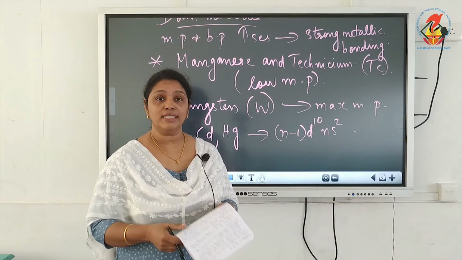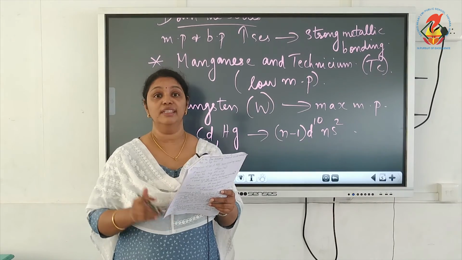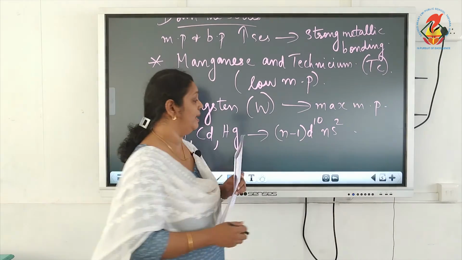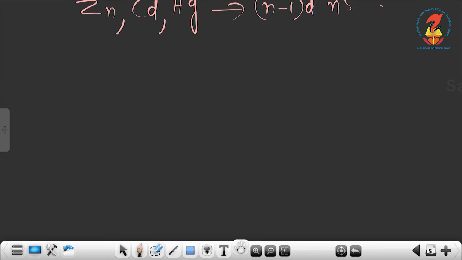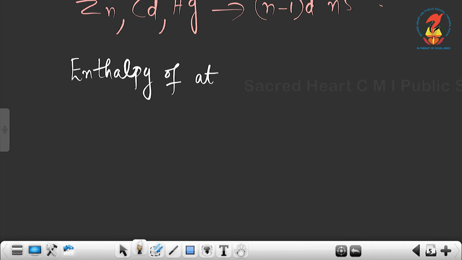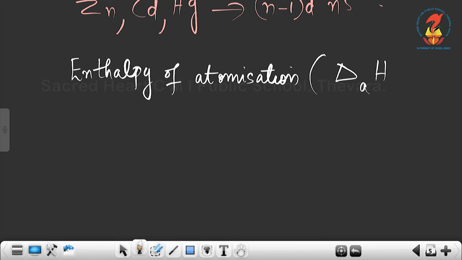Okay, now next we are going to see a term here, enthalpy of atomization. Next, what do you mean by enthalpy of atomization? Enthalpy of atomization denoted by delta H_a, or you can also denote it as delta H atom.